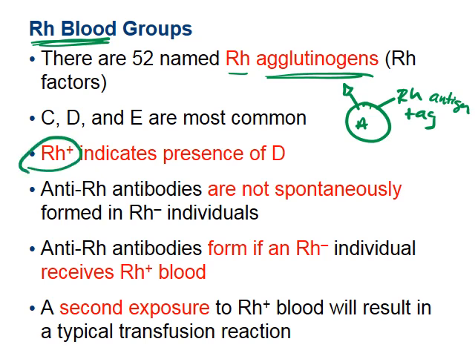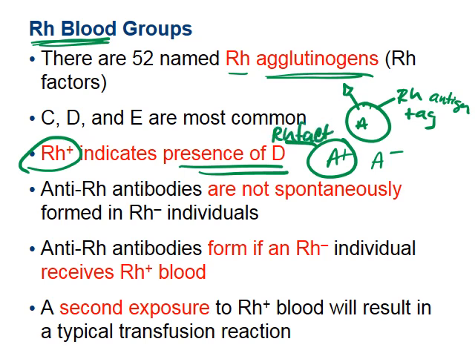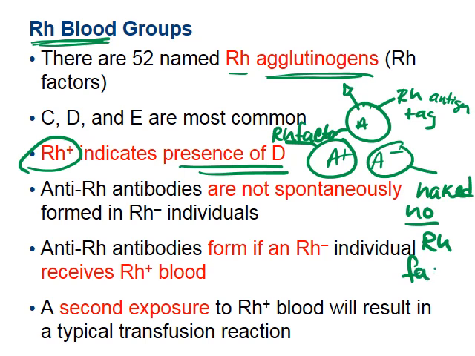If you have RH positive, it indicates that one of these factors is on your red blood cell. So we usually say someone is A positive or they're A negative. Positive indicates presence. So if you're positive, you have the RH factor. If you're negative, you are naked, right? You have no RH factor.